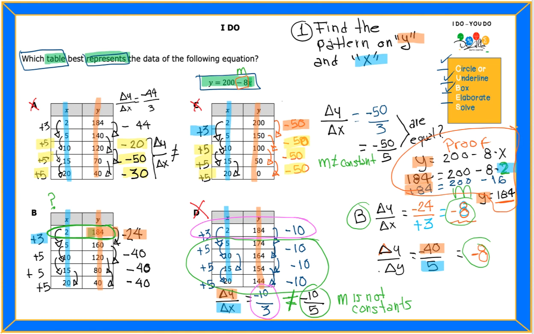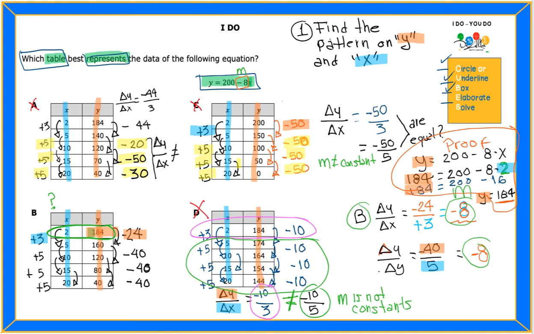Summarizing. If you have different tables and you want to figure out which table matches with the equation, check the pattern. And if you see that the pattern is not consistent in the tables, like here it was plus 3, the change here was negative 10 over 3, but the delta y over the delta x is going to be different for all these values.